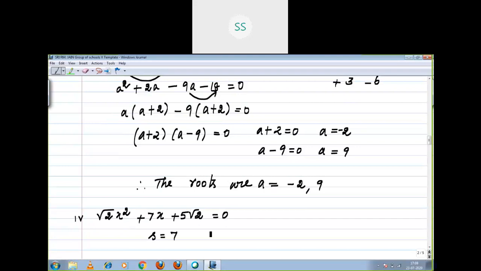Sum equal to 7. What is your product? Root 2 into 5 root 2. I told you, coefficient of x square into constant. Now, it is equal to 10. The sum is 7. Product is 10. Then you have to write the possibilities. 1, 10, 2, 5.